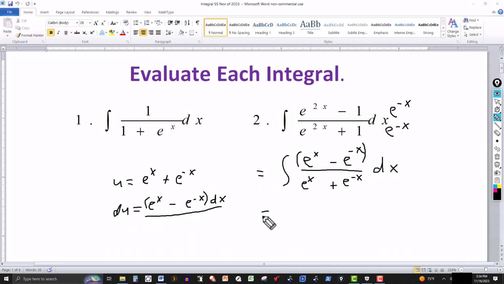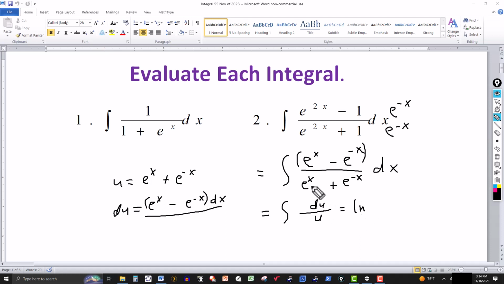So now this is just going to equal the integral. We can replace this expression in the numerator by du. And the denominator, e to the x plus e to the minus x, that's just u. So that's equal to, again, 1 over u du, or du over u. That's just the natural log of the absolute value of u.